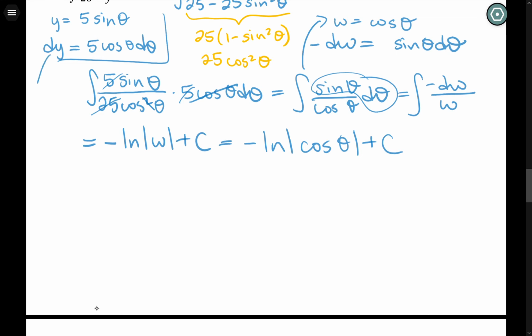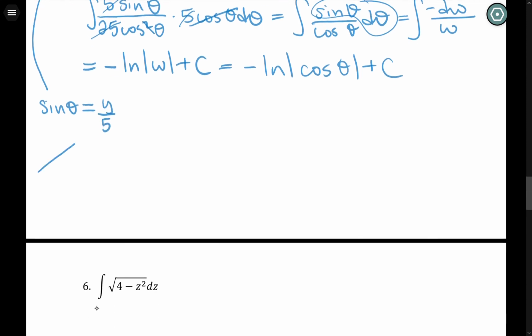We need to go all the way back to our y. So we can say that if y is equal to 5 sine theta, then solving for sine theta gives y over 5. So when we draw a triangle, we can say that y is opposite and 5 is hypotenuse, which means that the bottom has to be square root of 25 minus y squared.